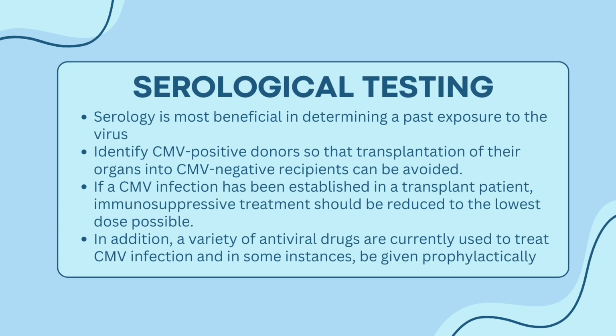For serology testing, serology is the most beneficial in determining a past exposure to the virus. It can identify CMV-positive donors so that transplantation of their organs into CMV-negative recipients can be avoided. If a CMV infection has been established in a transplant patient, immunosuppressive treatment should be reduced to the lowest dose possible.